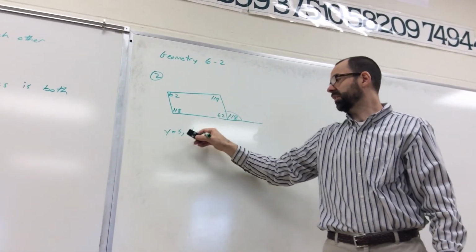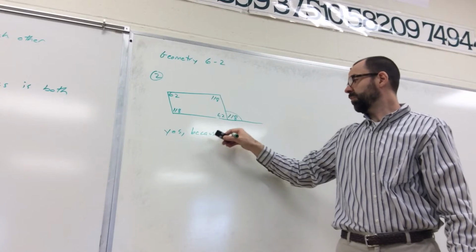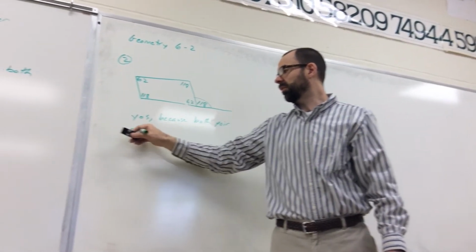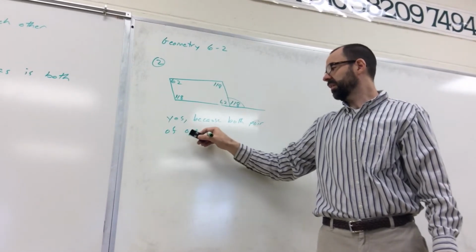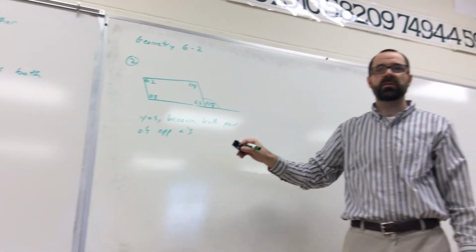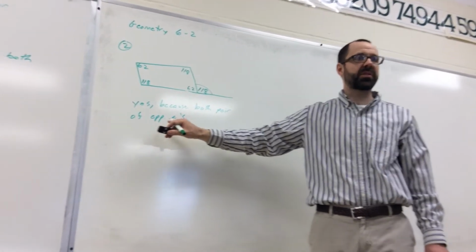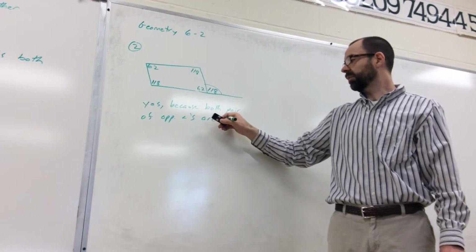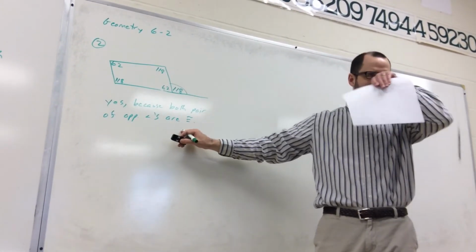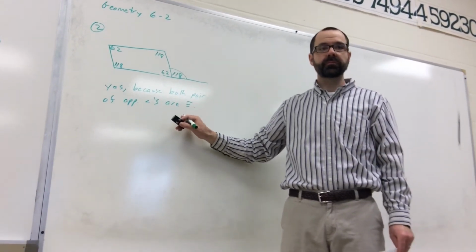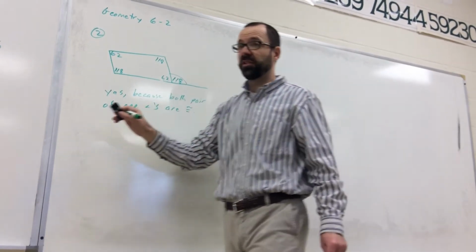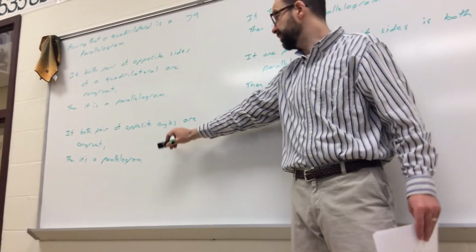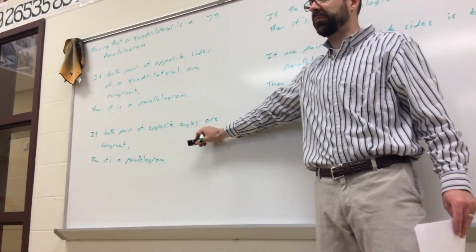And the reason why is because both pair of opposite angles are congruent. And according to this theorem over here, if both pair of opposite angles are congruent, then it's a parallelogram for sure. So we're just using that fact there.